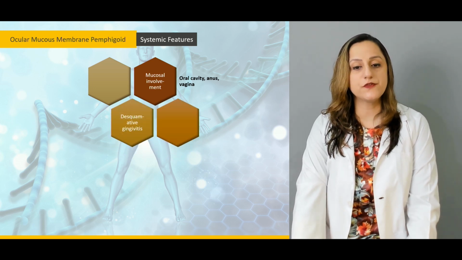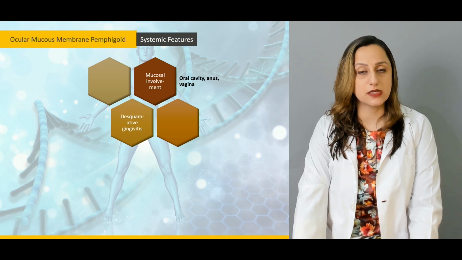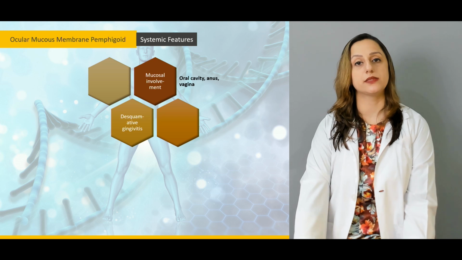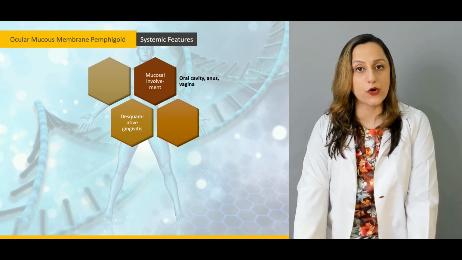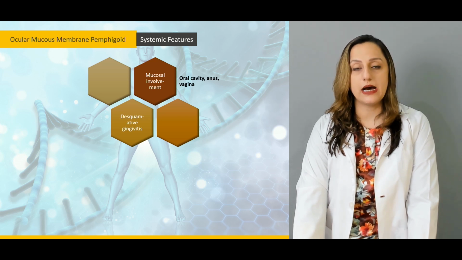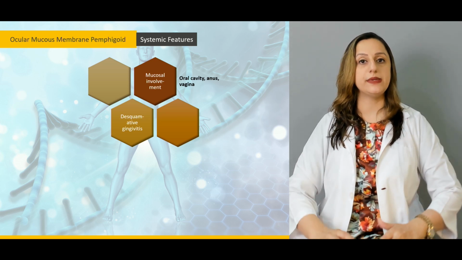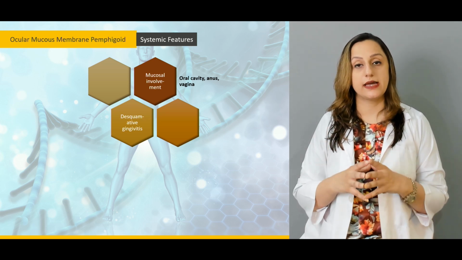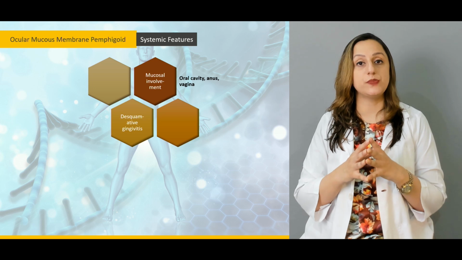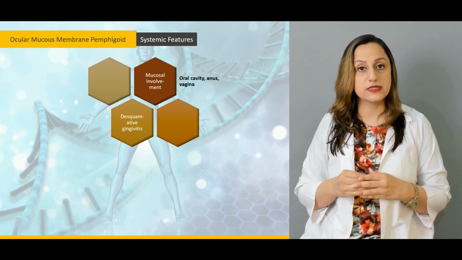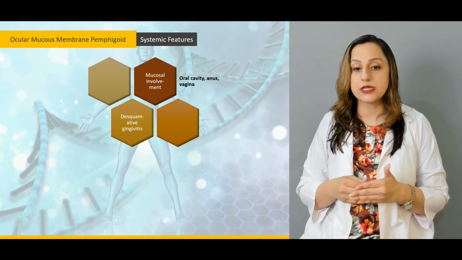Desquamative gingivitis would be another feature. So when we start examining the patient in detail, we would be looking for the oral features in these individuals. First of all, there should be good exposure and light to examine all of these features, specifically the mucosa of the individual.